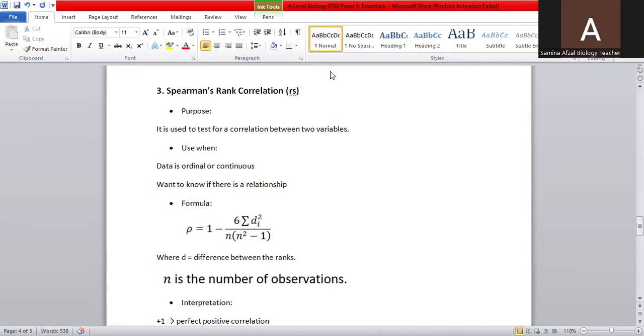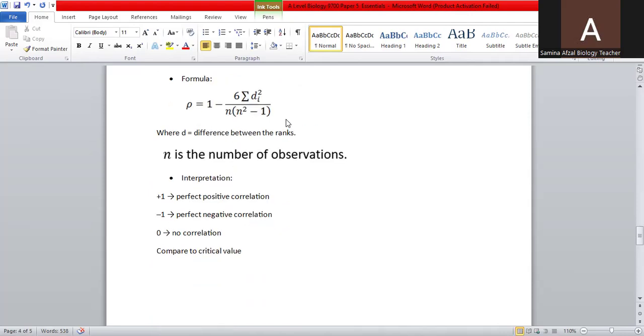You want to know if there is a relationship between the given values in the paper. The formula is rs equal to 1 minus 6 sigma d squared over n (n squared minus 1), where d is the difference between the ranks and n is the number of observations.